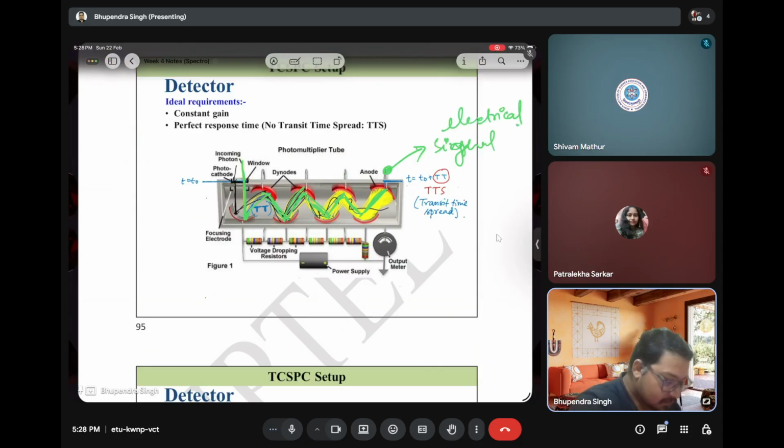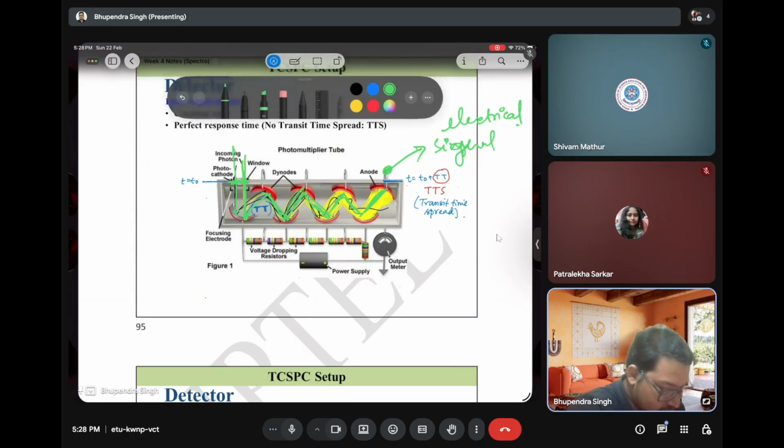But let's say this is the total place. Let's say a photon is coming from here, the next photon is coming from this side. Again it will travel like this, so the time between this photon and this one will be different to generate the electrical signal.